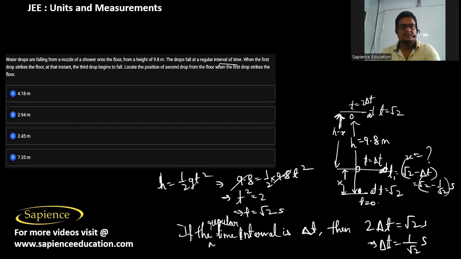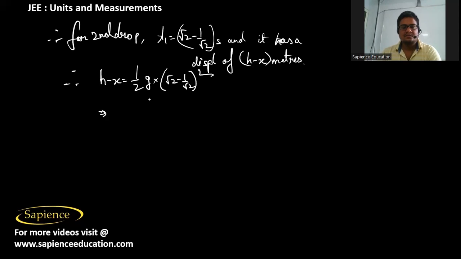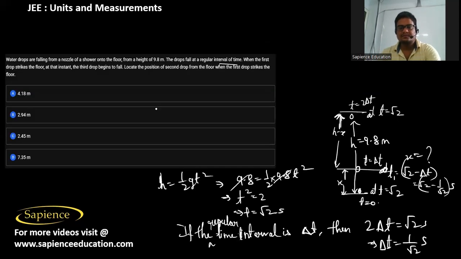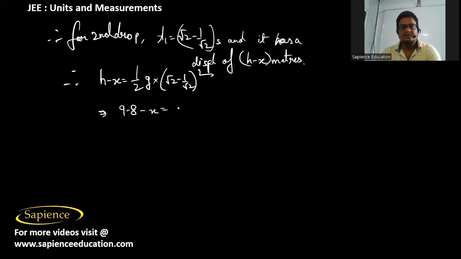And g is 9.8. So therefore 9.8 minus x is equal to half into 9.8 into, this is 2 plus 1 by 2 minus 2ab, a square plus b square minus 2ab, minus 2.